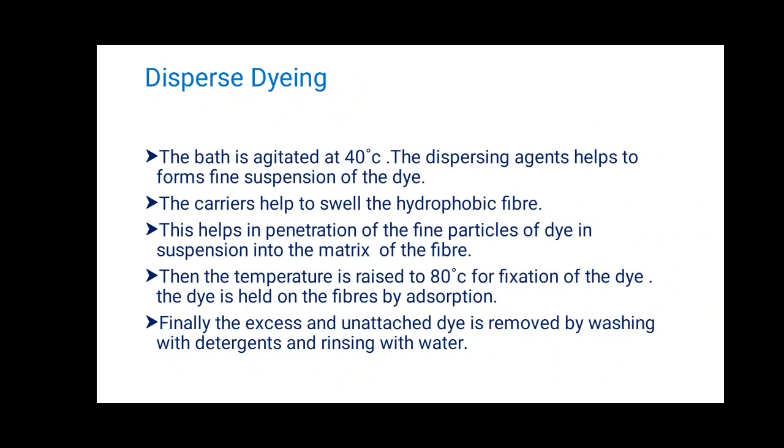Next, the wet dyeing method is used for those dyes which are insoluble in water. Then modern dyeing, what does it mean? The modern dyeing method is used when the dye has low affinity to the fiber or to the substrate, and dispersed dyeing is used for semi-synthetic and synthetic material.